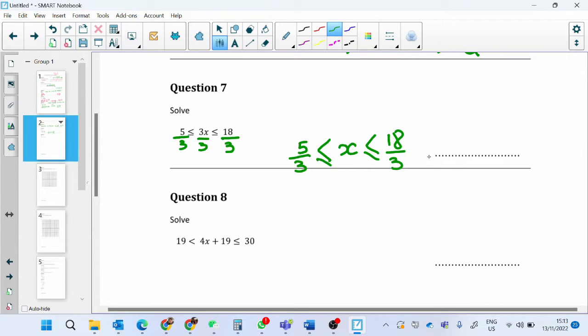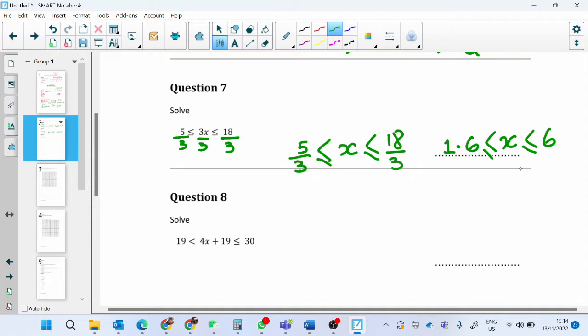In other words, if we convert it into decimals, 5 divided by 3 gives us 1.6 is smaller than or equal to x, and 18 divided by 3 is 6. So this should be our answer.